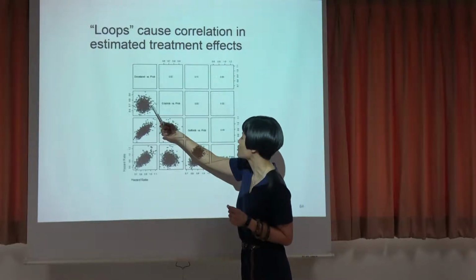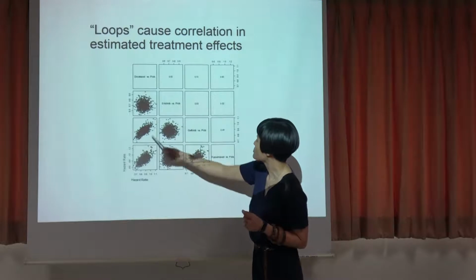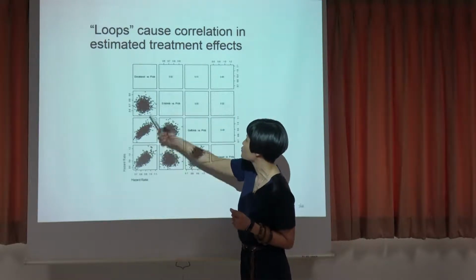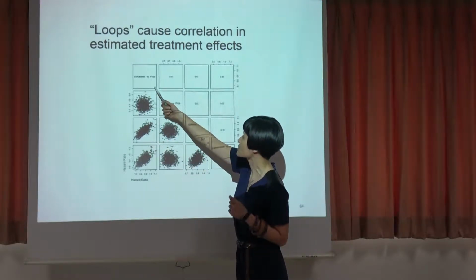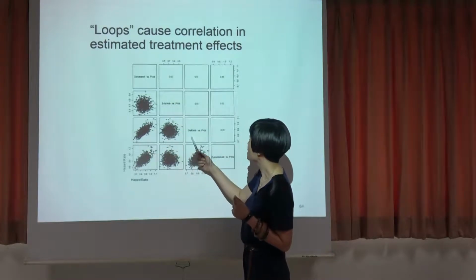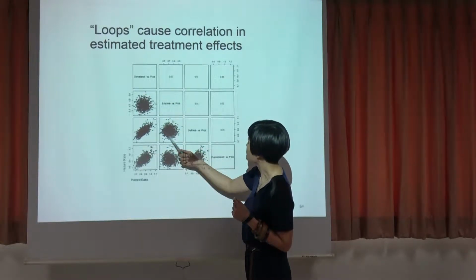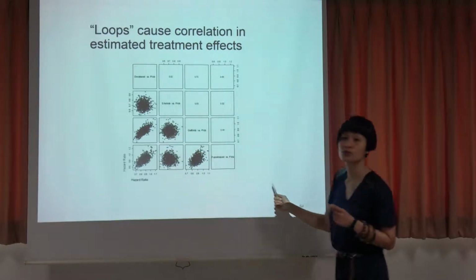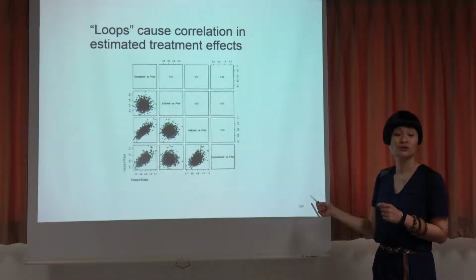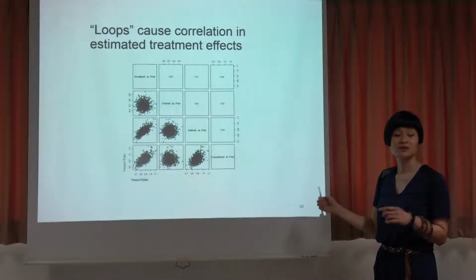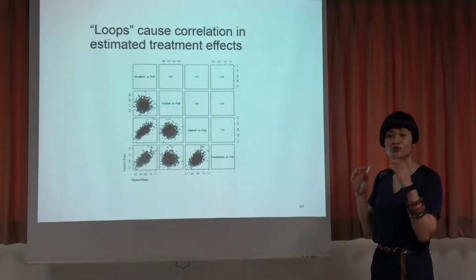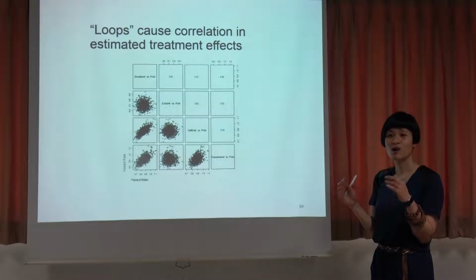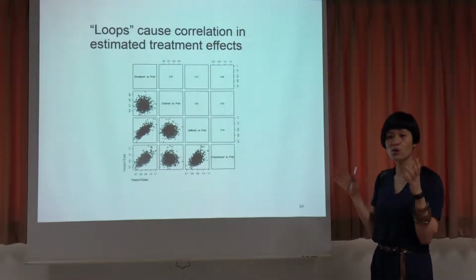There's clearly a stronger correlation between the estimates of docetaxel versus placebo relative to gabapentin and placebo here. So a correlation plot is very useful in network meta-analysis because the estimates that you're estimating simultaneously are all related to each other within the network.